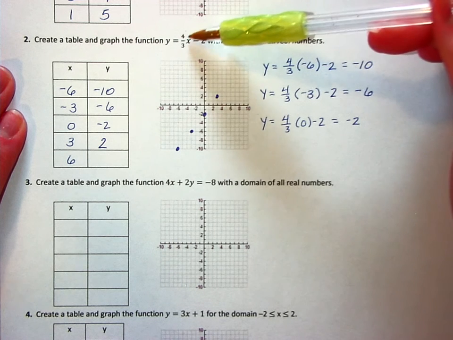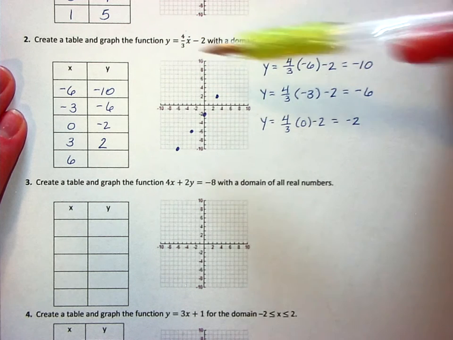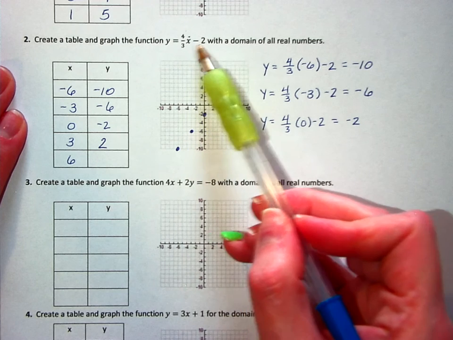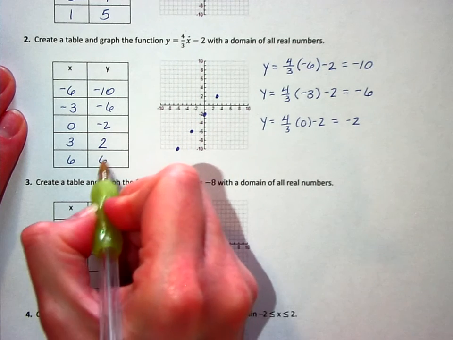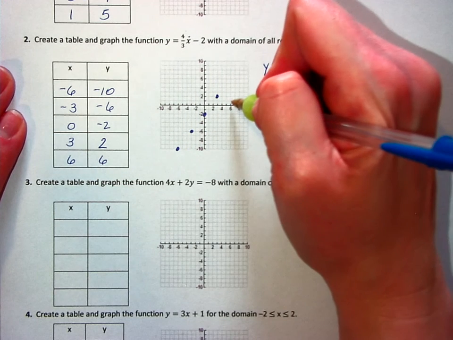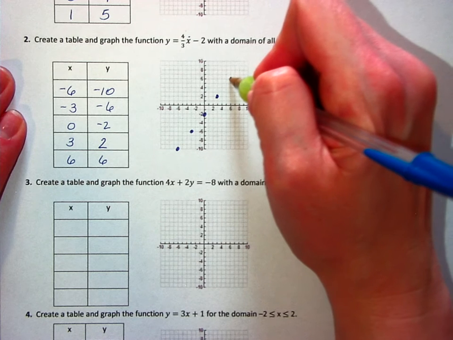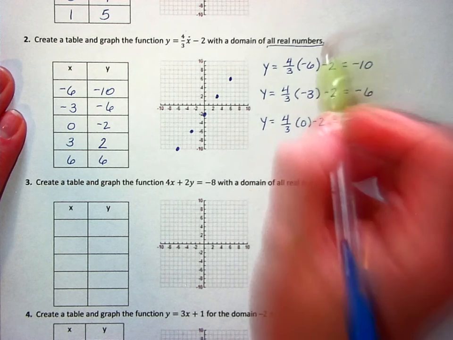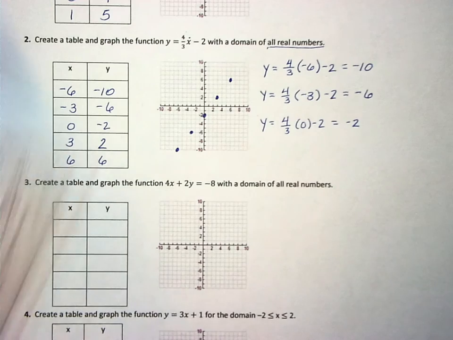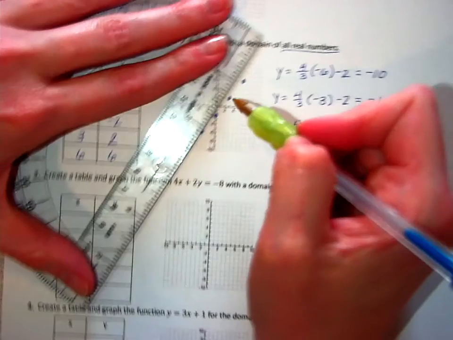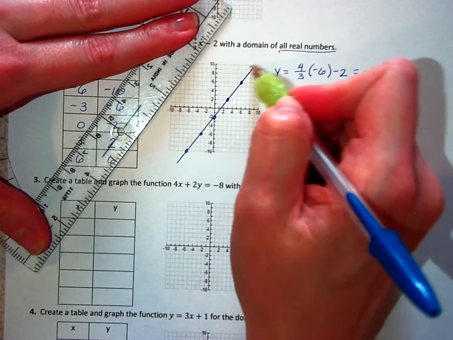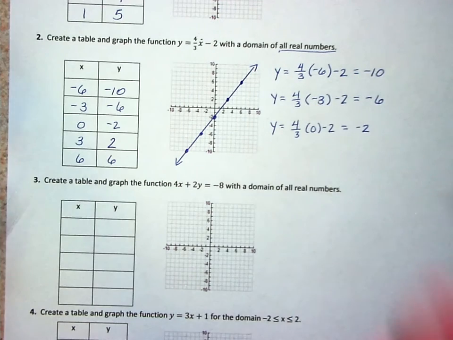We have +6. So 4 times +6 is 24. 24 divided by 3 is 8. 8 minus 2 is 6. So our last ordered pair here, 6, 6. Now here, because it's a domain of all real numbers, that's where you draw your line through your points and make sure you put arrows.